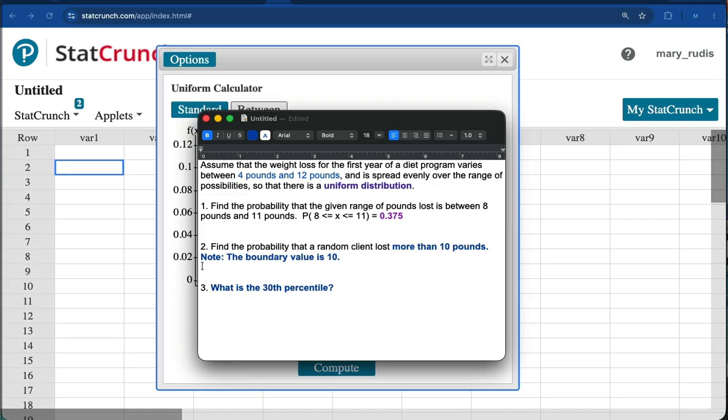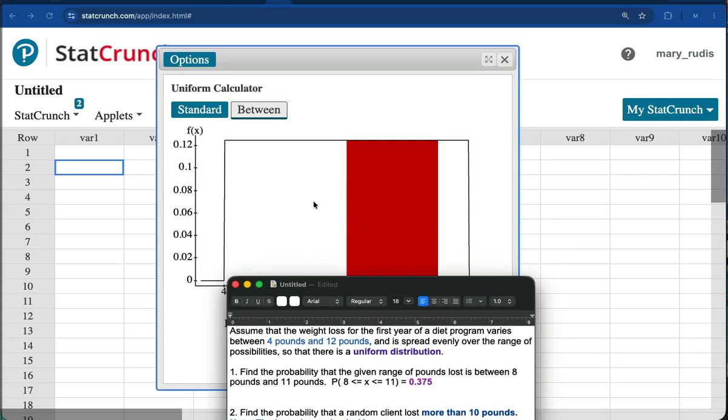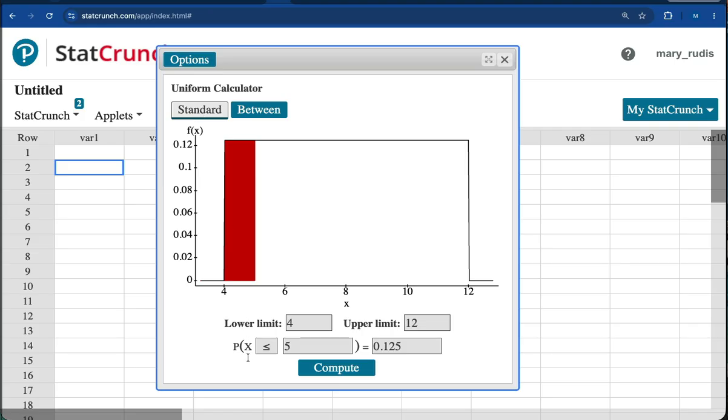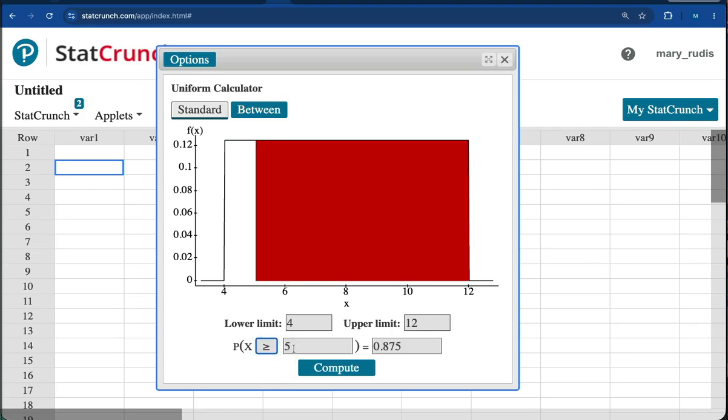Not only is the boundary value 10, but since it says more than, we want the area to the right of it. So let's go back to our calculator here. The 4 and the 12 do not change, but instead of in between, we want standard. And instead of less than, we want greater than.